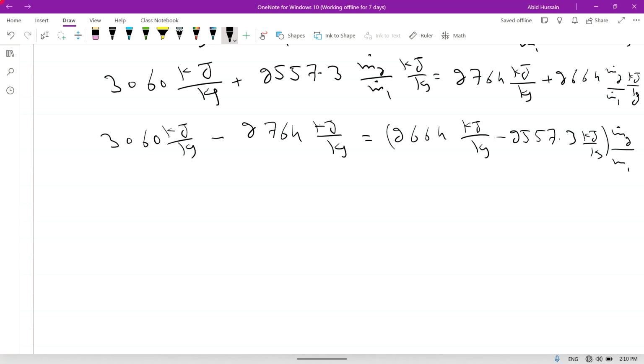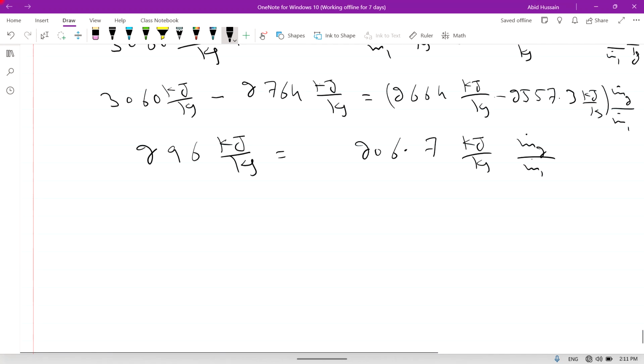Now 3060 minus 2764 is equal to 296 kilojoule per kg is equal to 2764 minus 2557.3, which is 206.7 kilojoule per kg, times m2 dot divided by m1 dot.